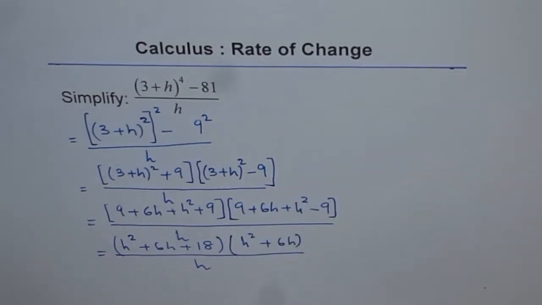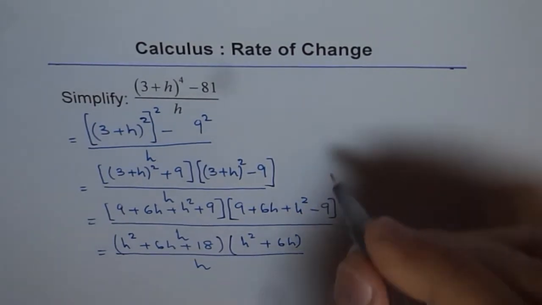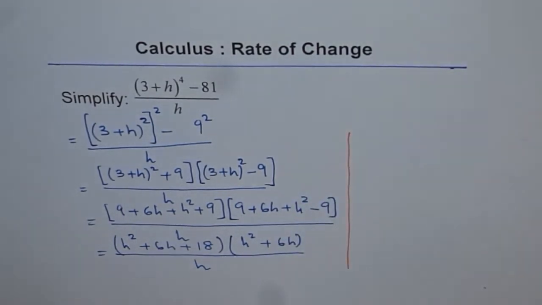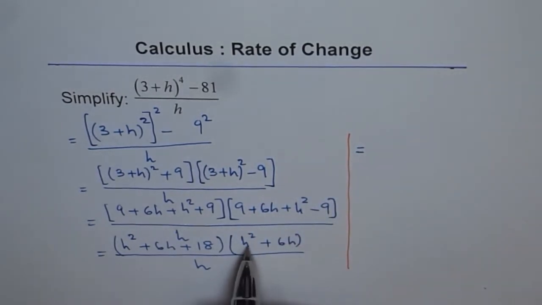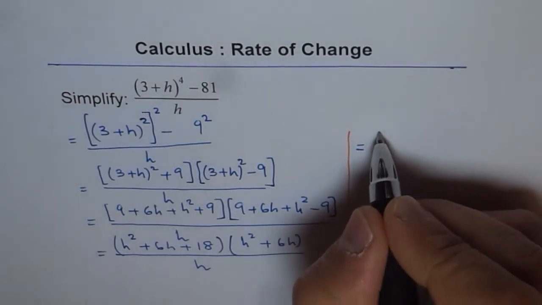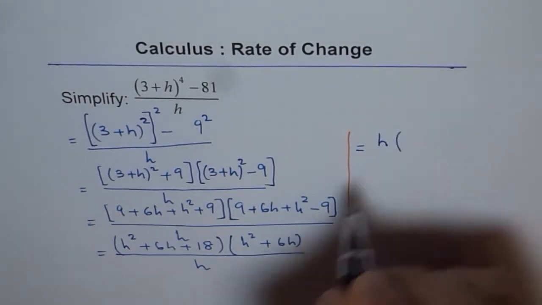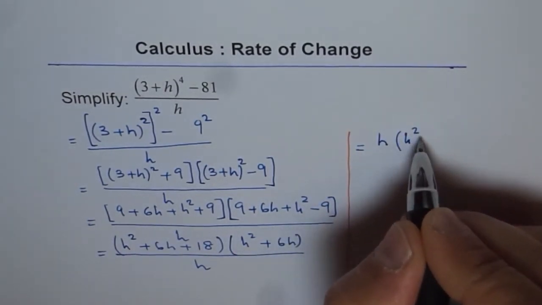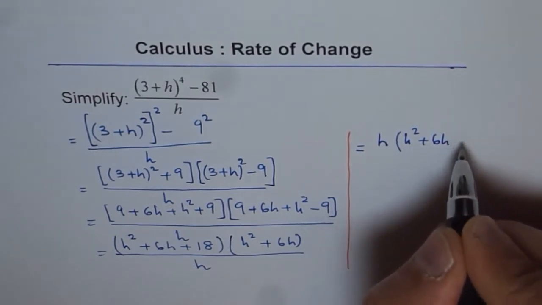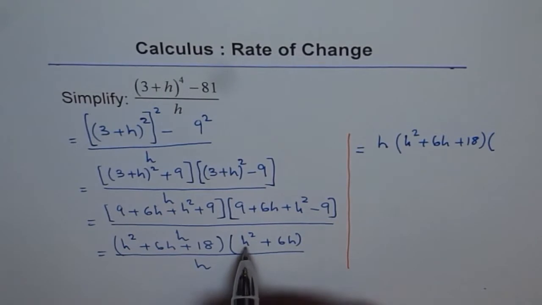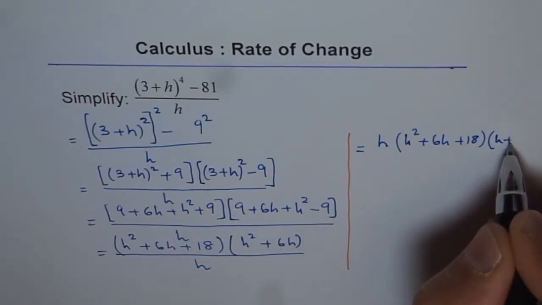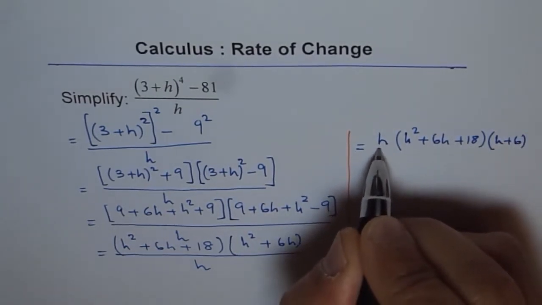Now from here we can take h common and further simplify. So I'm taking h common here, right? So when I take h common, I get h, and then I have (h square plus 6h plus 18) times (h plus 6) over h.